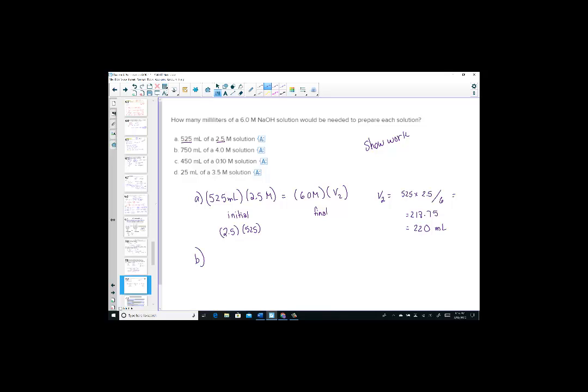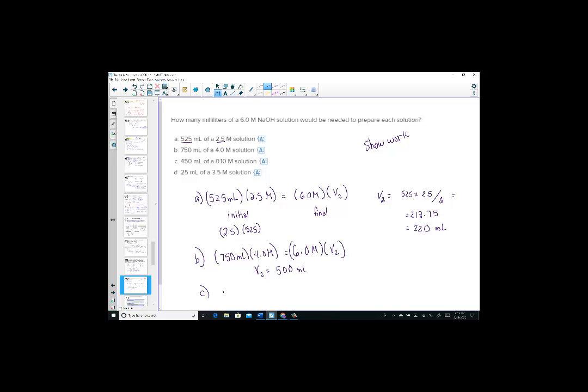Here's letter B. We had 750 mL times 4 molar, and you're simply setting that equal to 6 molar times V2 and solving for V2. On your calculator, you hit 750 multiplied by 4 and divided by 6. And that came out to be 500 mL.